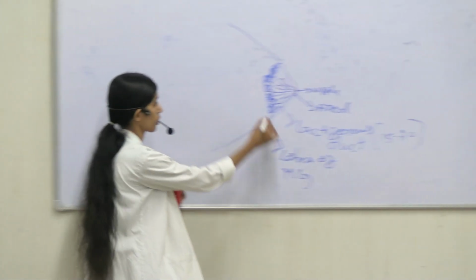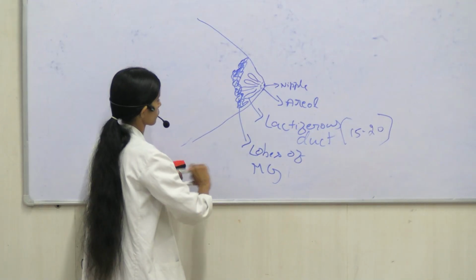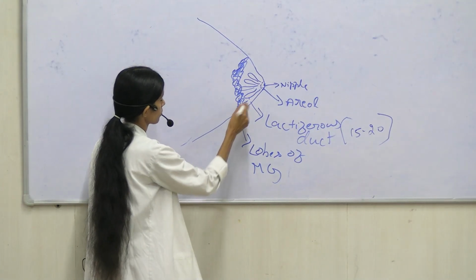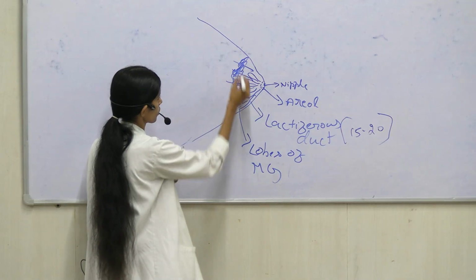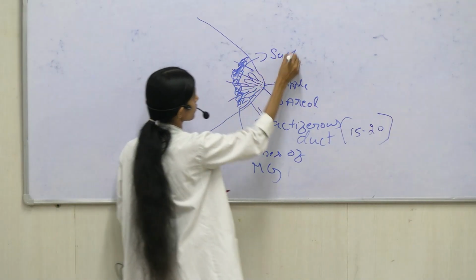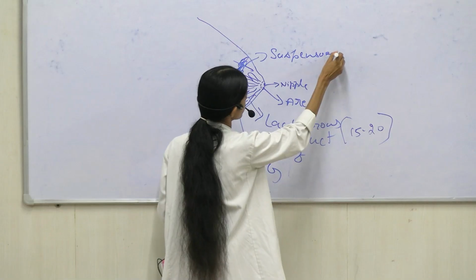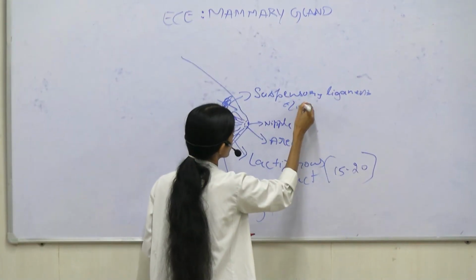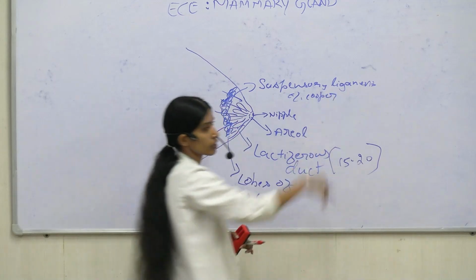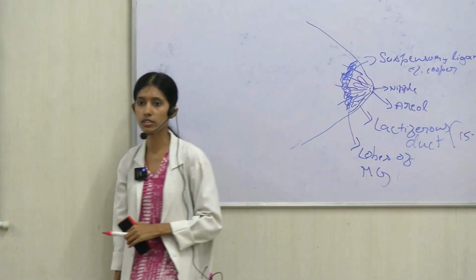Suspensory ligaments. Fine. I'll draw the suspensory ligaments like this. These are called the suspensory ligaments of Cooper. So what is the function of suspensory ligaments?